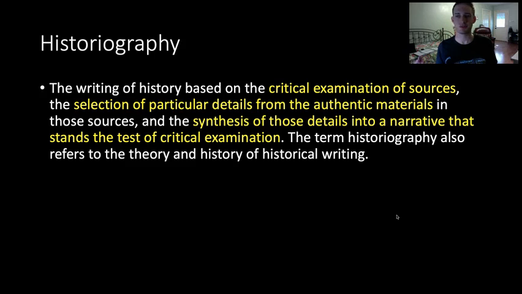Now, this is what you're doing with primary sources, right? Especially whenever you are writing things like essays that are using primary sources to support your writing. So being critical of the sources, pulling out the details to support your argument, and then crafting all of that together in a story. Story is just a simplified way of saying narrative, right?